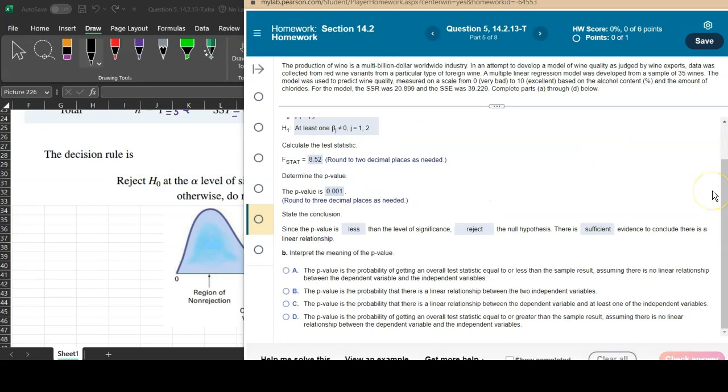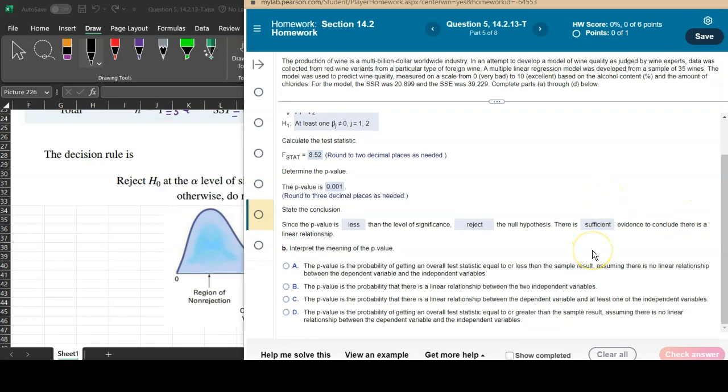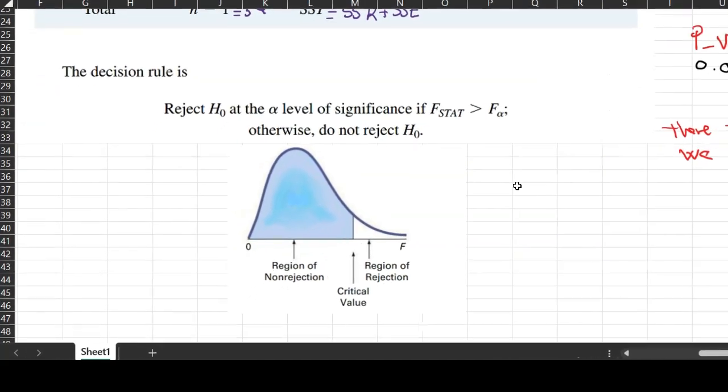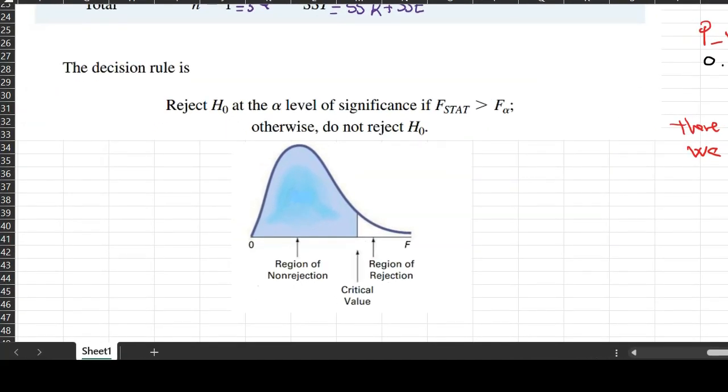Great. All right, so for question B, we want to find out which one of them is the right statement, and this is the interpretation of the p-value. Before going there, I'm just going to explain again what the p-value is. This value here where we stop, this is what we call the F critical or F alpha. It separates the area of the alpha value.